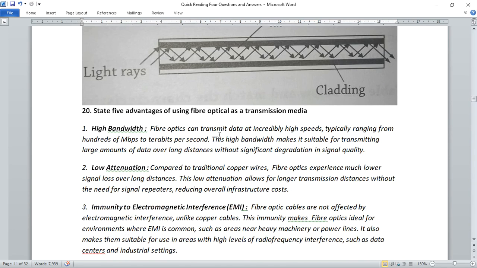State 5 advantages of using fiber optic as a transmission media. Number 1 is that it has a high bandwidth. Remember, we have covered what a bandwidth is. It transmits hundreds of megabytes, that is terabytes, per second. So it's very fast.